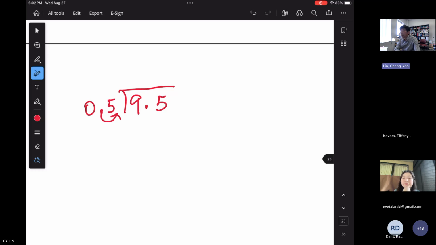Are you with me? Since you move this one, you have to move the other at the same time. That's the rule for division.